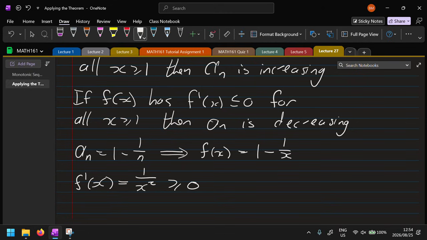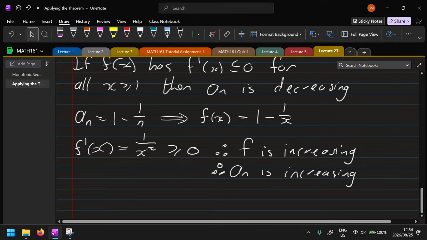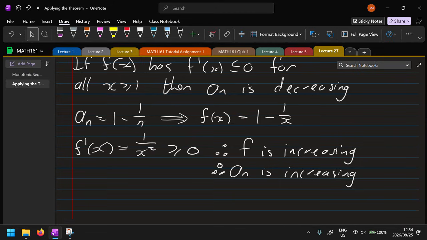So f is increasing, so the sequence is also increasing. So we replace our sequence with the function, and if the function is increasing, then the sequence is also increasing.